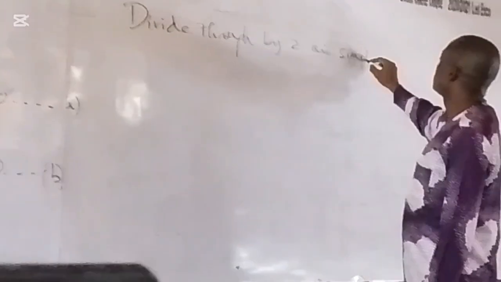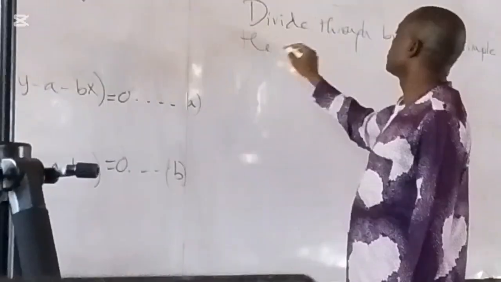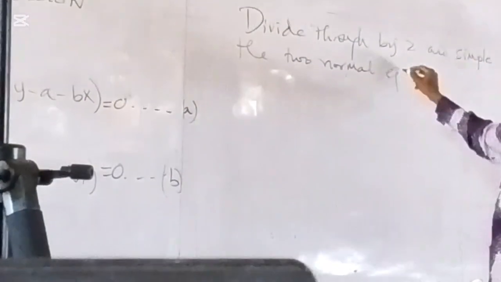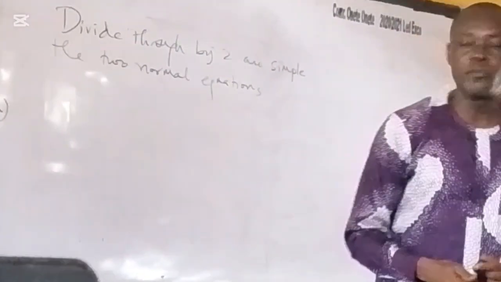We will divide through by 2 and simplify the two equations. You divide through by 2 and simplify the two normal equations. They will become this one.